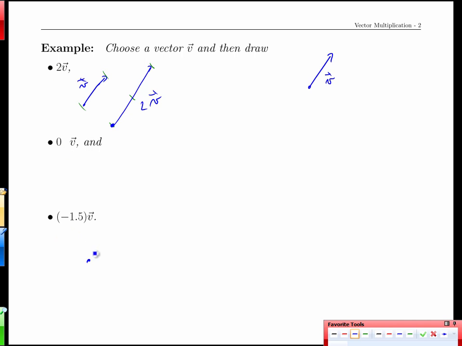Let's do the one down here, negative 1.5v first. Again, here's our length. Let's put the vector roughly in the same place. The negative reverses the direction, and the 1.5 is about the length scaling. So what we're going to get is a vector pointing in the opposite direction. There's one full unit.